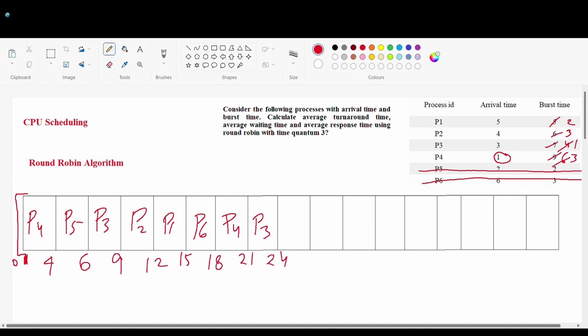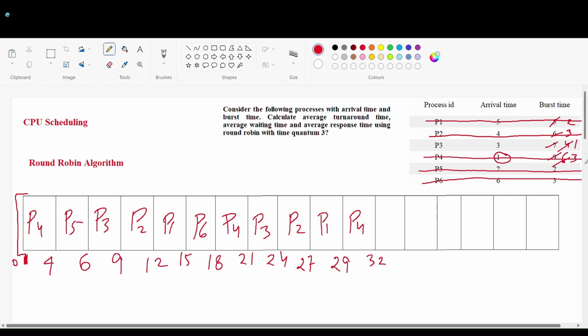Then P2 will execute up to 27 and P2 will exit. Then P1 will execute up to 29 and P1 will also exit. Then P4 will execute again up to 32 and P4 will exit.